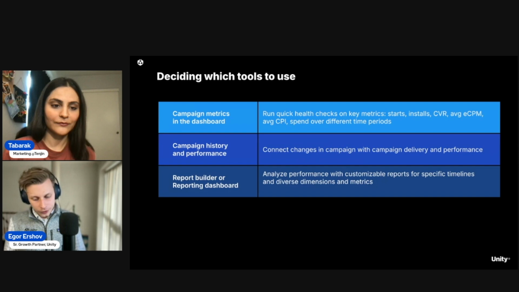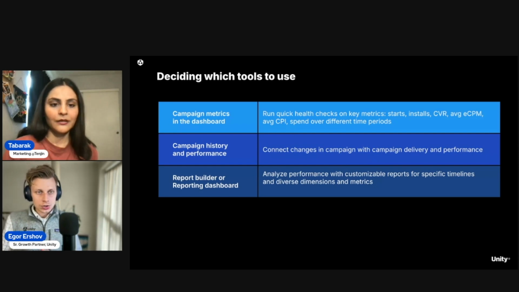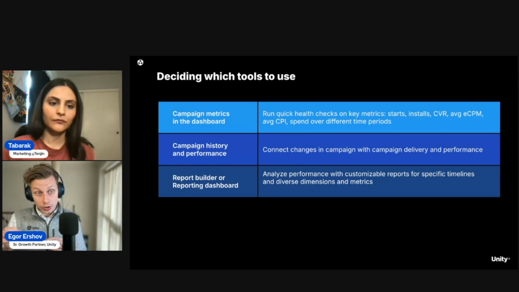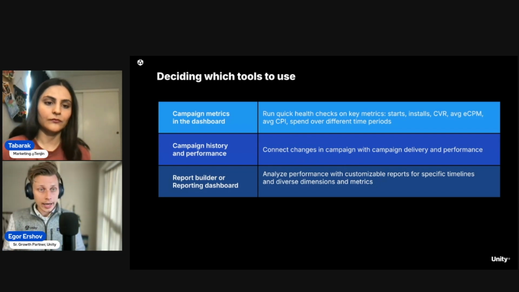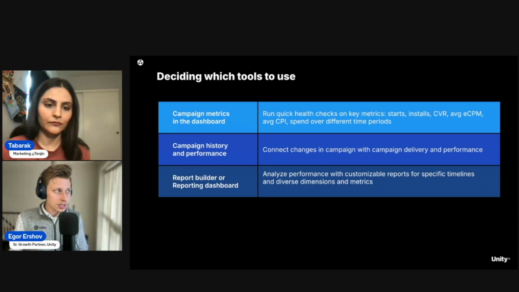First is the campaign details page, which gives you a look back at what's happening to your campaign. The second one is a very comprehensive history and performance tool, which allows you to check the history of the edits of your campaign against your performance. And the last but not least is the full reporting capabilities.